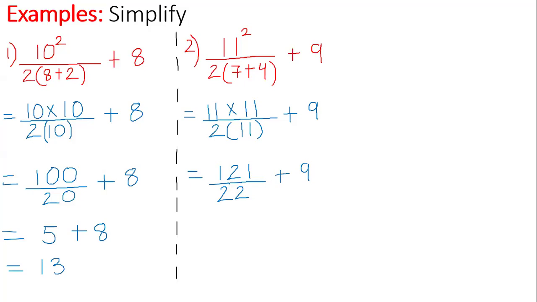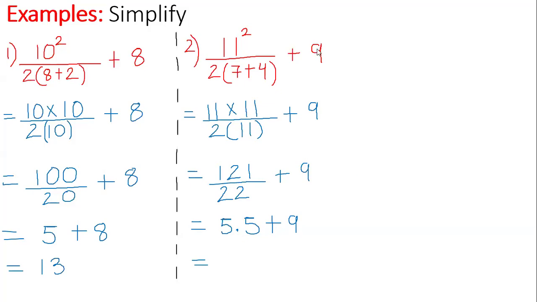What is 121 divided by 22? 5.5. All we did was divide 121 by 22. You got 5.5 plus 9. And 5.5 plus 9 is what? 14.5, when we add them together.